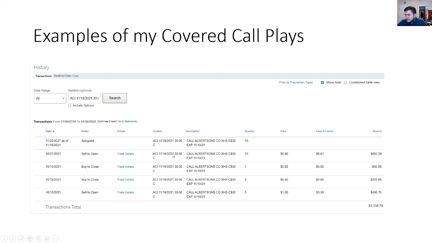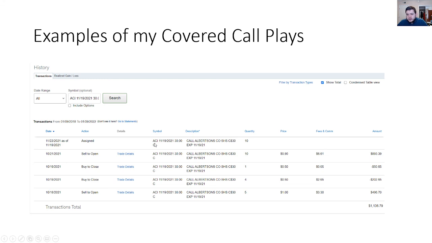And then this last thing here. Okay, so this one was actually assigned. That means when it's assigned, you have to sell your shares for the strike price. So I had written the options for a strike price of $30, expiring November 19th again, and I made $900 off of writing those options, but I didn't buy those back.